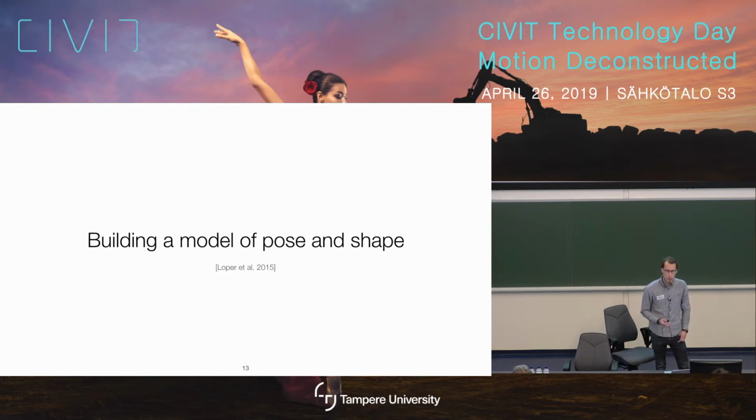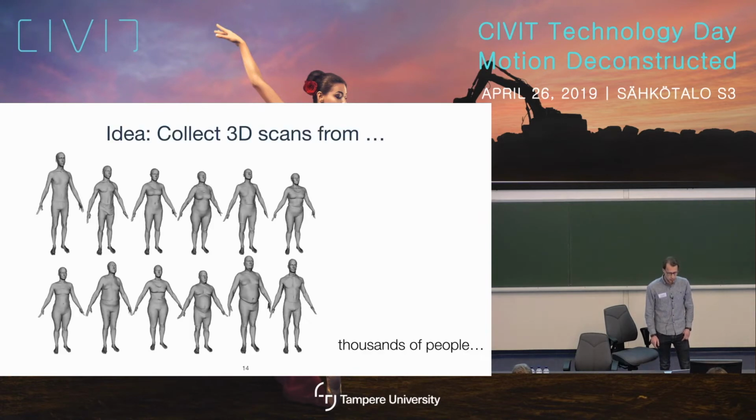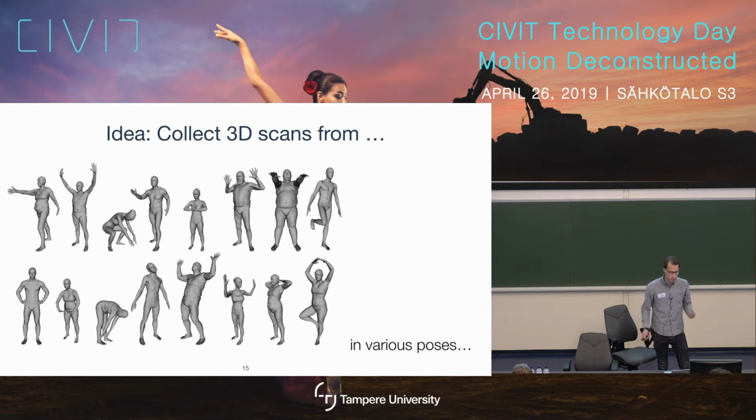Let's start with some basic work. This is work by Loper et al. I'm not an author of this work, but it is fundamental work that my work builds on a lot. And I think from here we can understand how to start creating 3D shapes. The idea of the authors was to collect thousands of scans of people and ask them to take various poses.